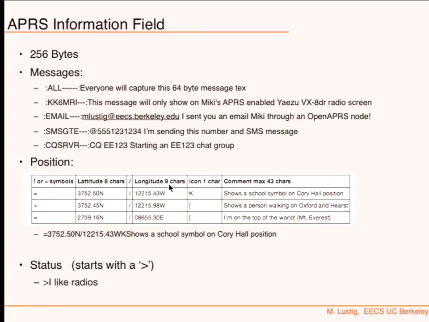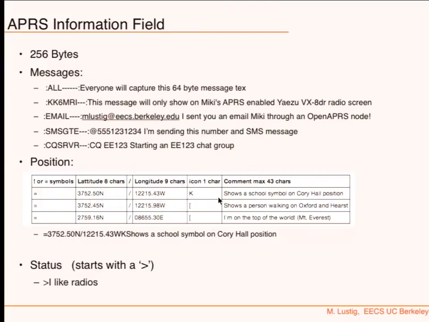North Pole is 90-degree latitude. South Pole is 90 south, right? But what is the most east and the most west? 180, which requires another extra character.